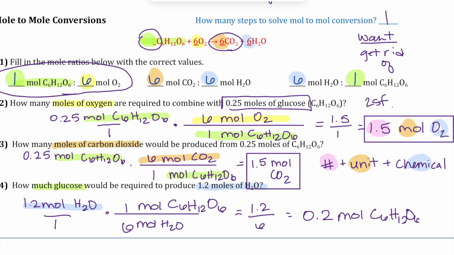And I actually need to check my sig figs. 2 sig figs here. Our molar conversion doesn't have sig figs, so I do need to add 0.20 in order to maintain my sig figs.